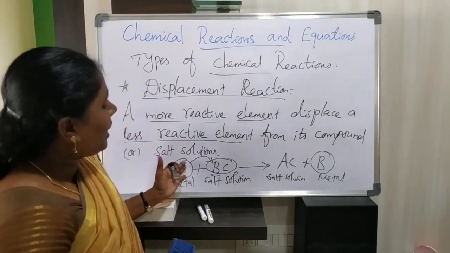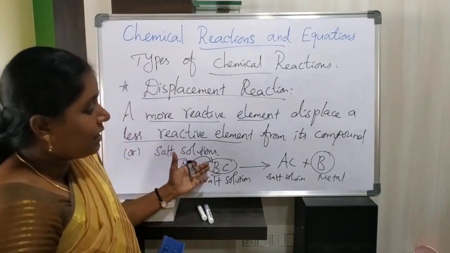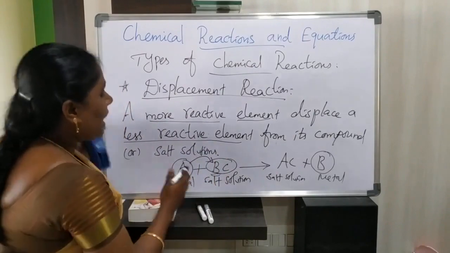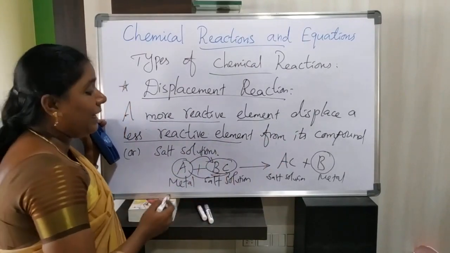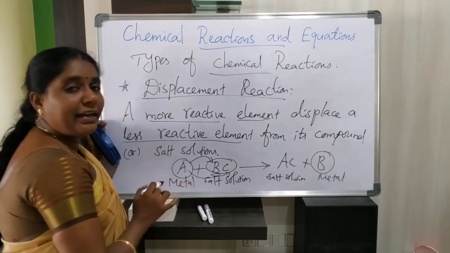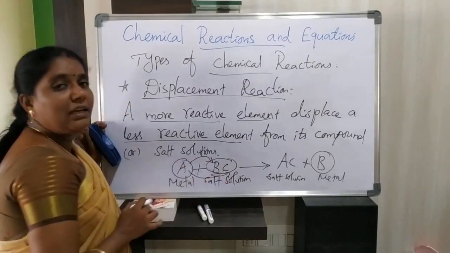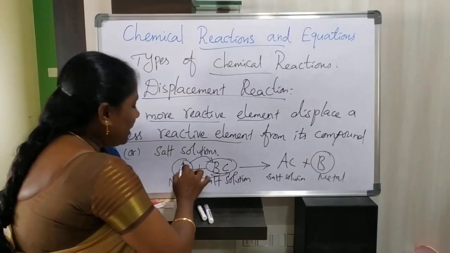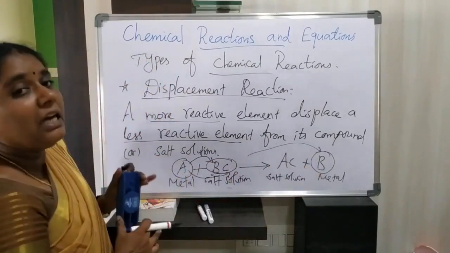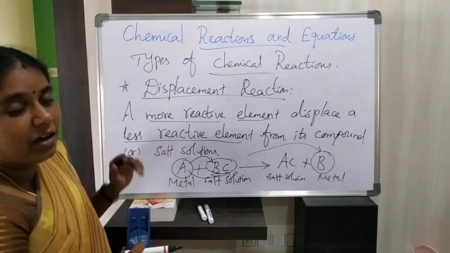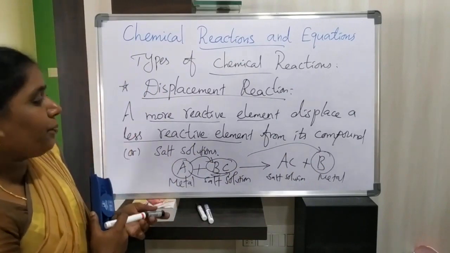See here, A combines with BC, isn't it? But we are getting AC combined and B is separated. That indicates that A is a more reactive element and B is a less reactive element. So this more reactive element displaces the place of the less reactive element from its salt solution, which is called displacement reaction.